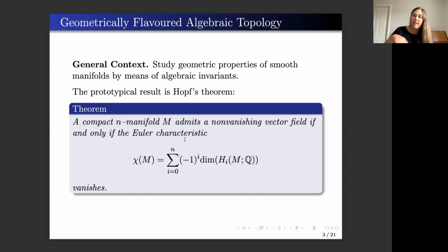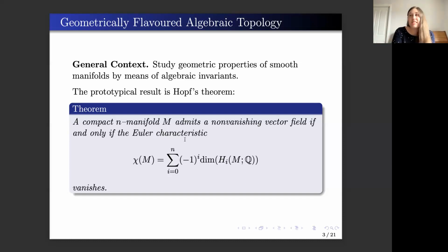You then calculate an index around each of those zeros and add them up, and then you get the Euler characteristic. And you can remove those zeros by perturbing the vector field if and only if the Euler characteristic vanishes.